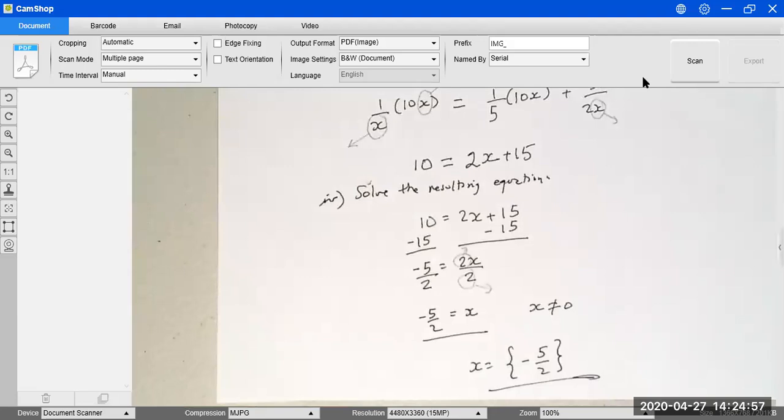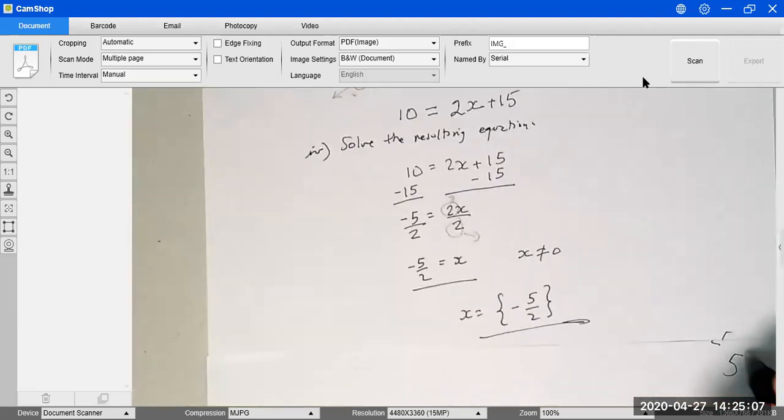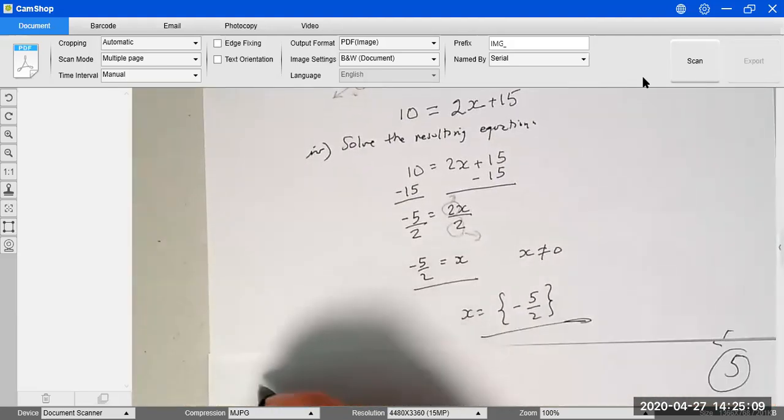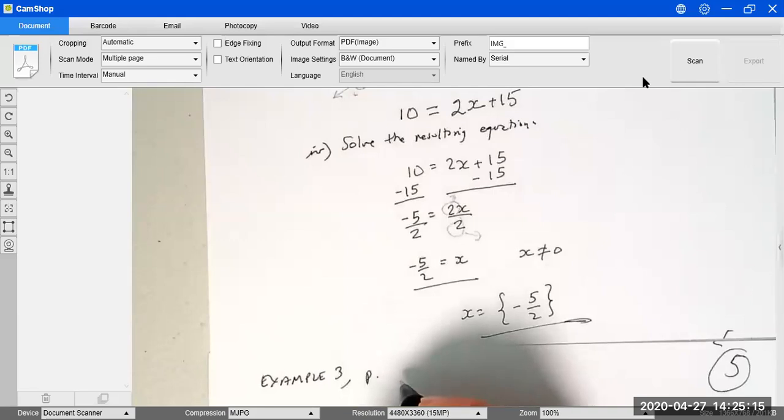So I'm going to solve another problem. So we have now example 3, on page 532.